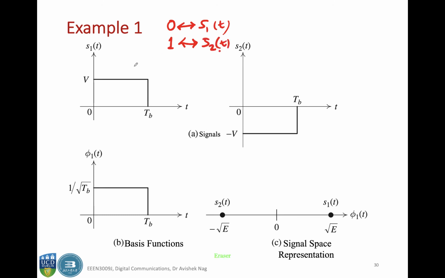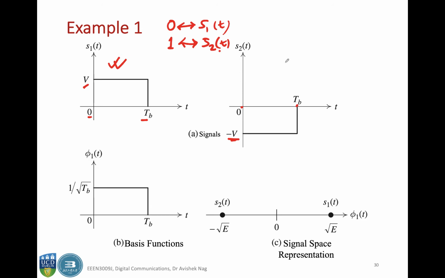S1t has an amplitude V between 0 and TB, the duration of the bit, and S2t has an amplitude minus V between 0 and TB.